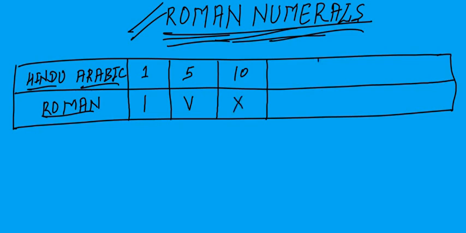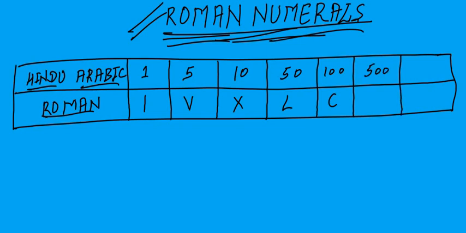The next base is 50. For 50 in Roman numerals, L is used. Then the next base is 100. In place of 100 in Roman numerals, C is used. Next is 500.